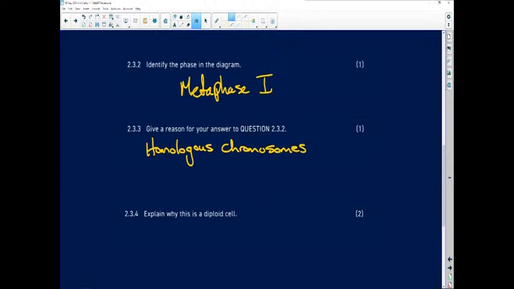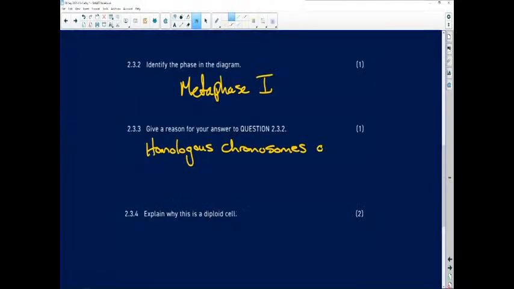And you don't have to call them homologous chromosome pairs. Homologous chromosomes are a pair. You've got a paternal chromosome and a maternal chromosome. If they are homologous chromosomes, they are a pair of chromosomes. So homologous chromosomes are lined up at the equator.